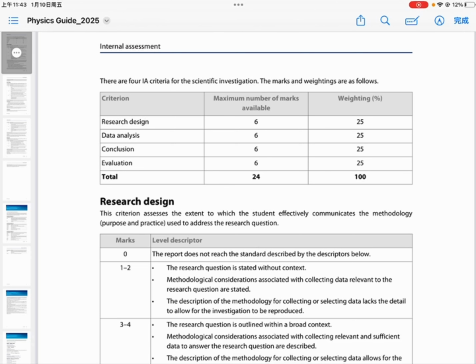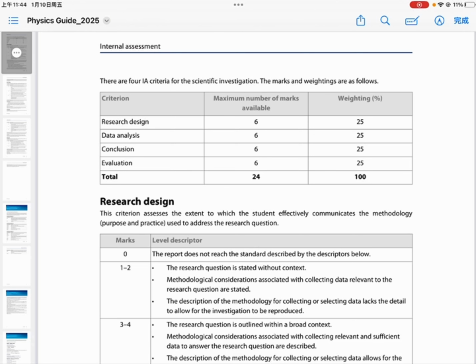I'm going to introduce this content in 4 separate videos, each focusing on a different part of the criteria, and I'm also going to break down this criteria to develop a checklist, for my students and for you guys to use to check your IA report or as a guideline to write your IA report.